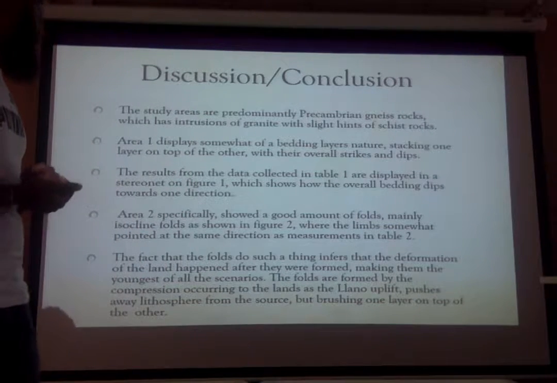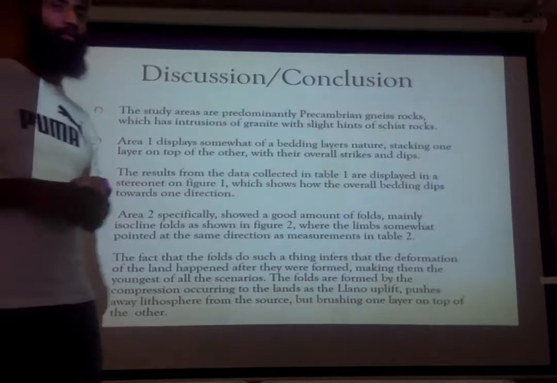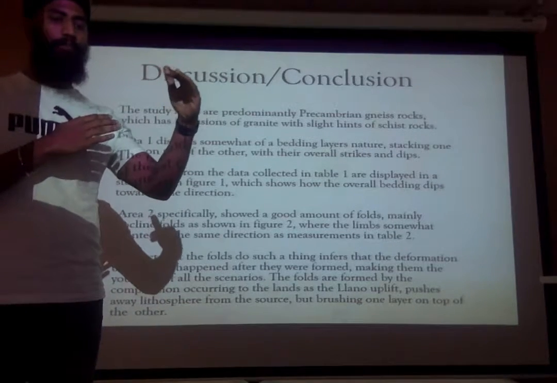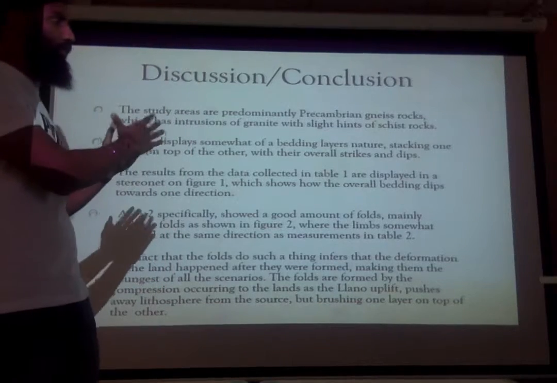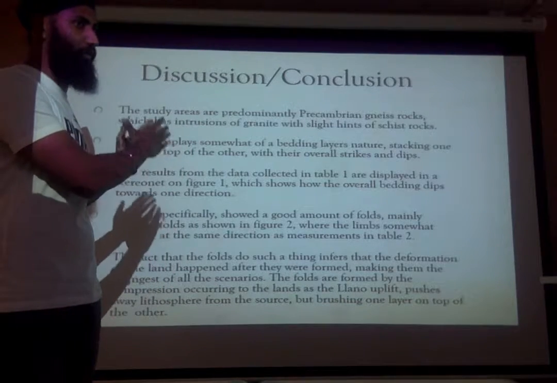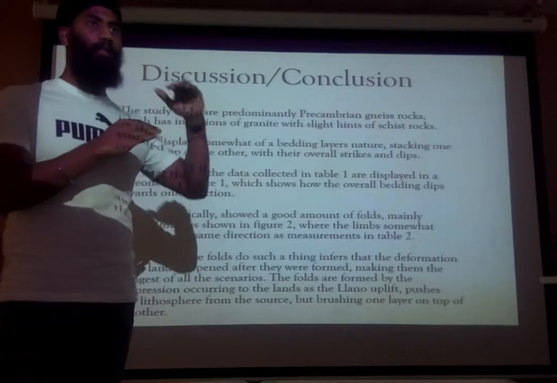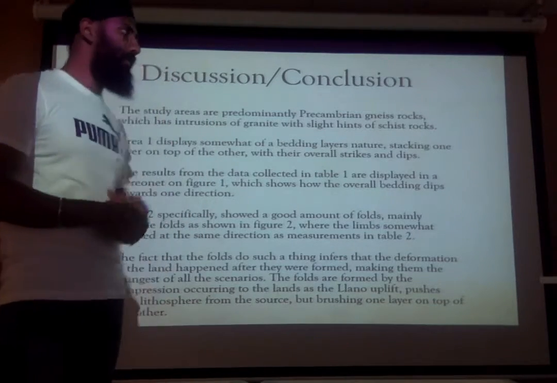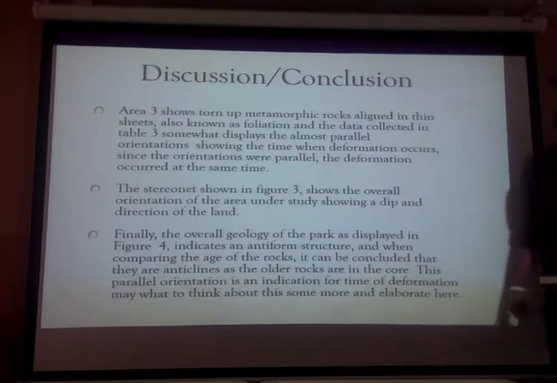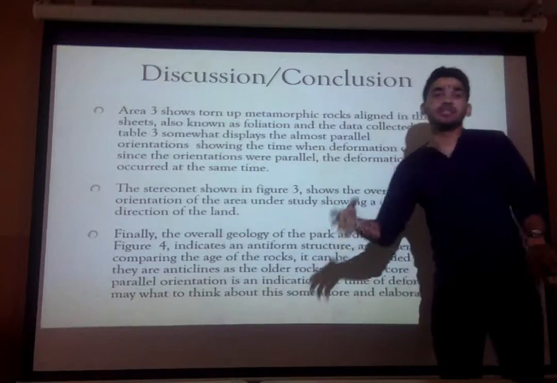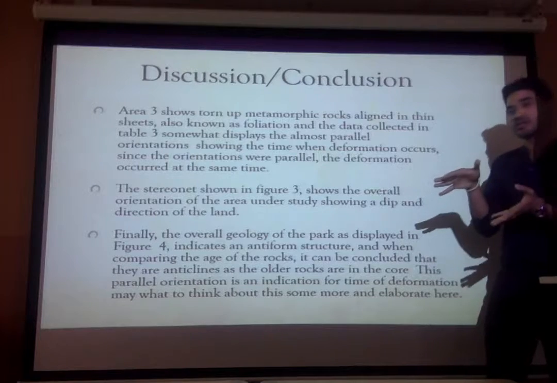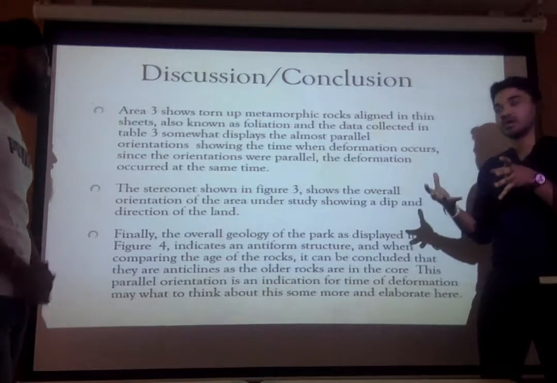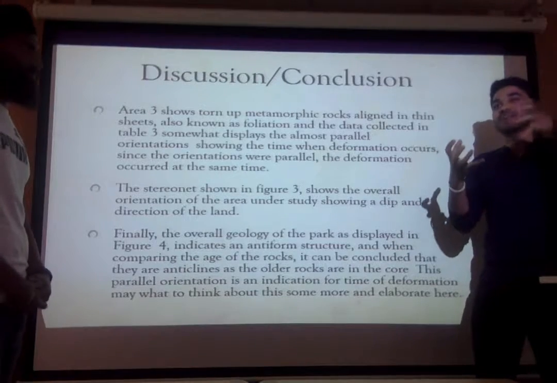The limbs were pointing in the same direction. The bigger limb was towards the southwest side, and it was plunging towards the northeast side. As Ramendra mentioned, the limbs pointing to one side show that after the folds were formed, the deformation happened right after.